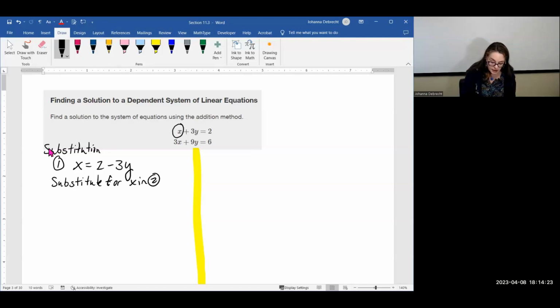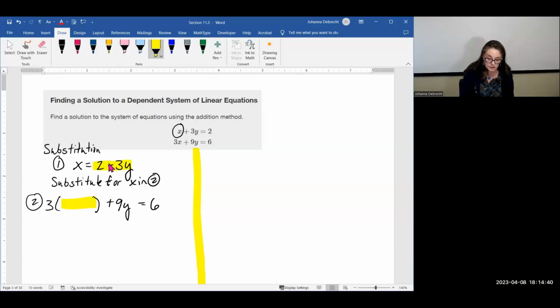Now when I do that, I have equation 2, which is 3 times the x, which I'm substituting, so I open up empty parentheses, plus 9 times y equals 6. And I'm going to substitute this part right here for this part right here. And this becomes 2 minus 3y in parentheses.